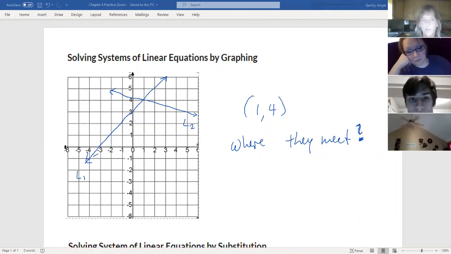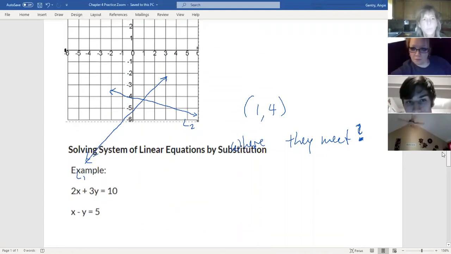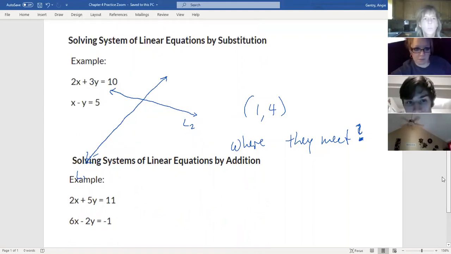Okay, if that makes sense, then I'll show one by substitution. I have to move stuff around. Let me try to make some space.